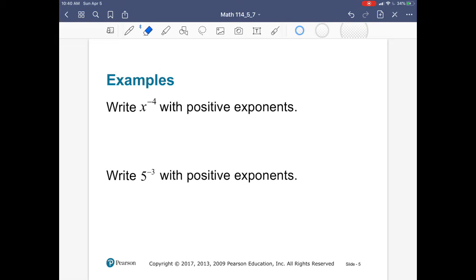Following that example, on this one we have x to the power of negative 4. Remember that if we have a base to a negative power, we can rewrite it this way. So x to the power of negative 4 is equal to 1 over x to the 4th.